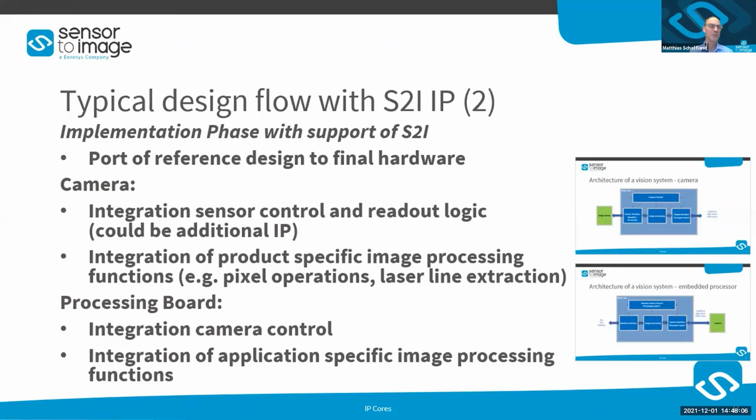If it's a deep embedded board, then typically no Linux or no further pre-processing of this XML file is used, and then it could be implemented in a more hard-coded way. And the main part, of course, is the integration of the application-specific image processing functions.